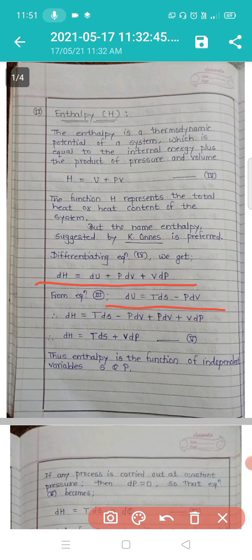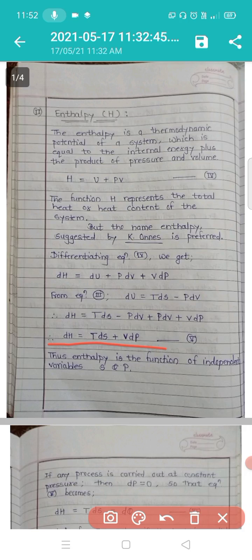Then put the value of dU: dH = T dS - P dV + P dV + V dP. Making cancellations, the remaining terms are dH = T dS + V dP.